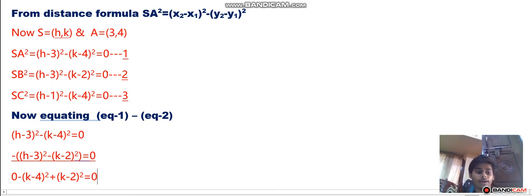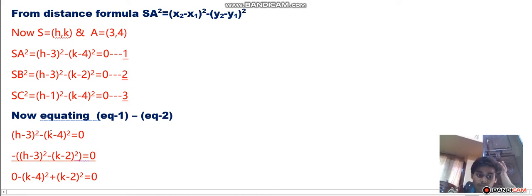Again minus of (h minus 3) whole square plus (k minus 2) whole square. When we multiply with minus, the signs will be changed. Plus (h minus 3) whole square minus (h minus 3) whole square will get cancelled, so we get 0.